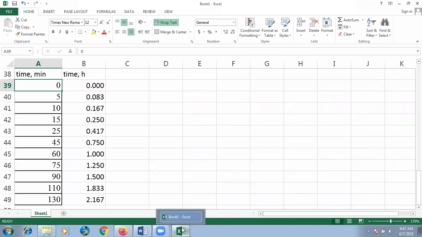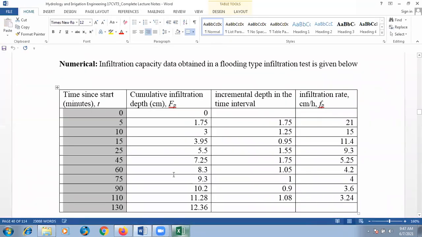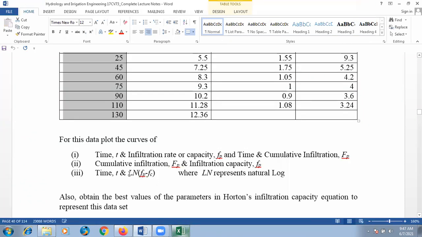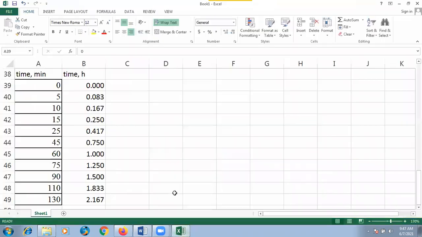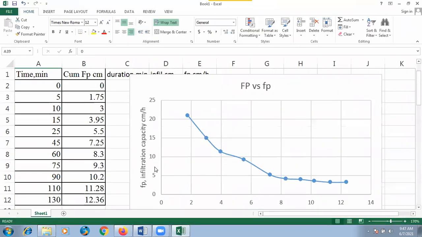The next thing we are required to do is that ln of fp minus fc needs to be calculated. fc is the constant rate of infiltration. fp is the infiltration rate at any instance of time, which we have already calculated up above.